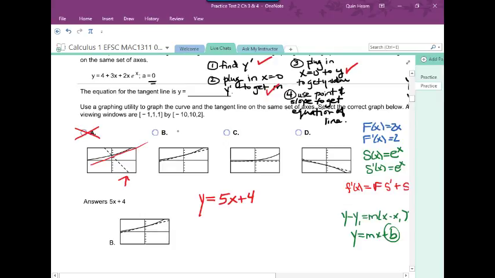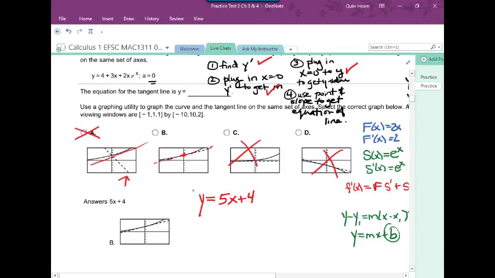B looks like a possibility to me because it is a tangent line. It's actually just touching the function in one point, and also it has a positive slope. So let's keep that one as a possibility. And then C looks like it has a horizontal tangent line that would have a slope of 0, so that's not going to work. And then D has a negative slope, so you know it's not going to be right.